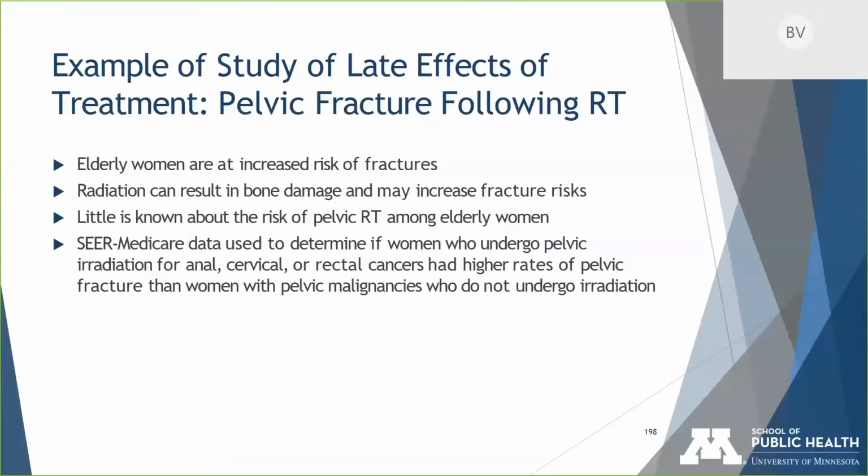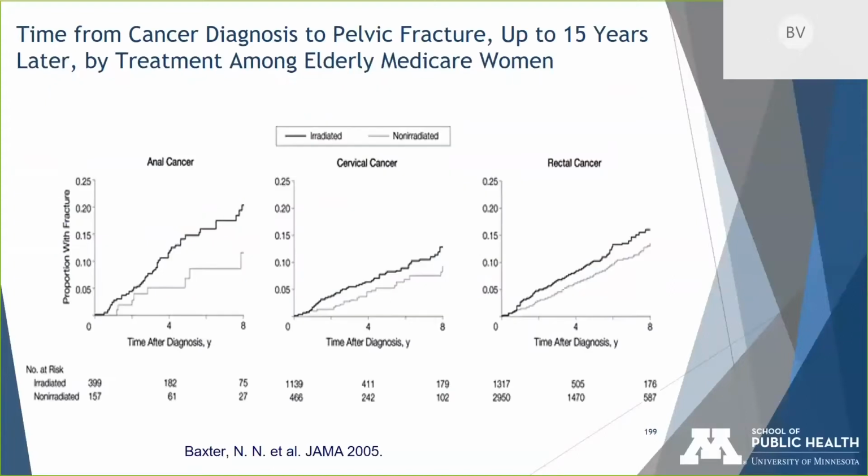But there wasn't much known about whether someone who received pelvic radiotherapy, and they were elderly, experienced increased risk of hip fracture. So they chose to look at women with anal, cervical, and rectal cancers who underwent pelvic irradiation to see if they had higher rates of pelvic fracture than women with those same malignancies who did not undergo radiation.